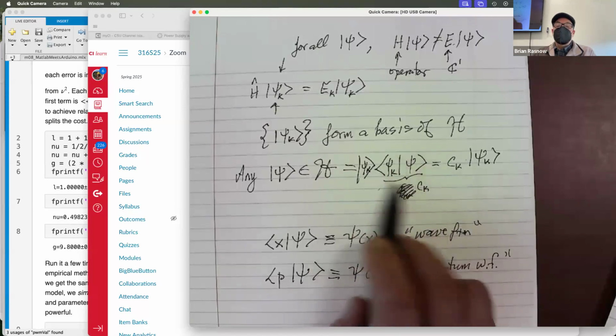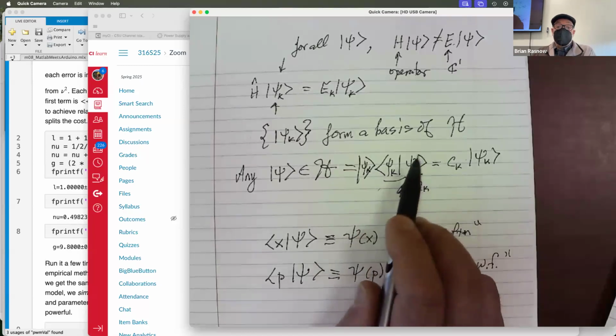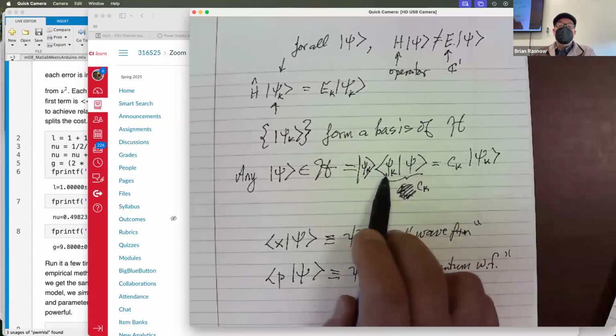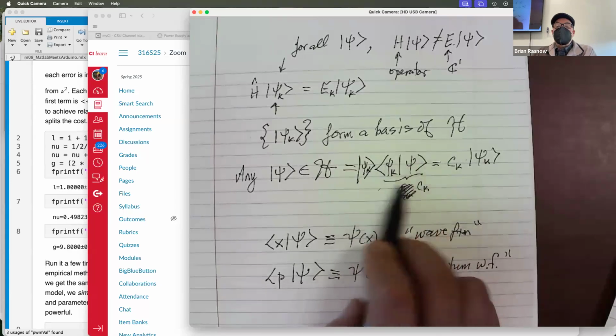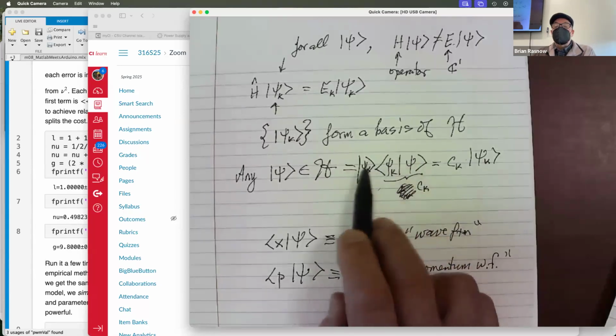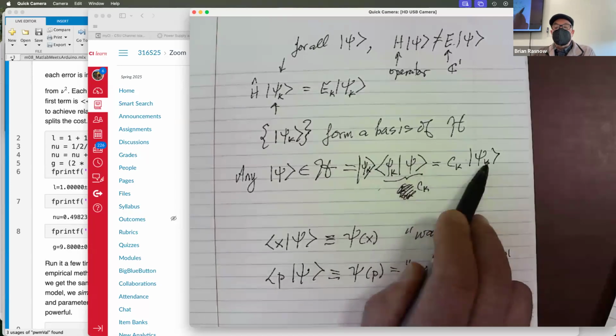And so this thing here is just an inner product. One way to think of it is it's the projection of psi onto psi sub k, the basis function psi k, or its dual. And that's just going to be some complex number. And so we can write that as some ck times psi k. Remember, we're summing over k.